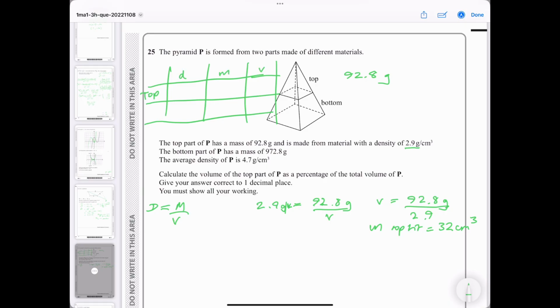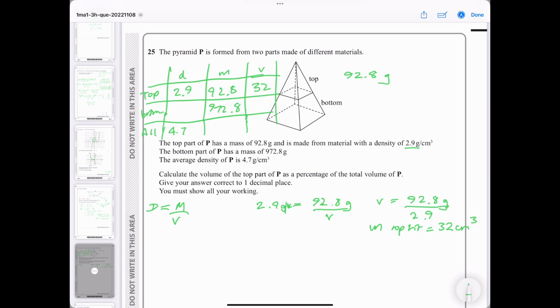The top bit, 32, 92.8, and density is 2.9. Bottom, we just know the mass is 972.8. Overall, we know the average is 4.7.